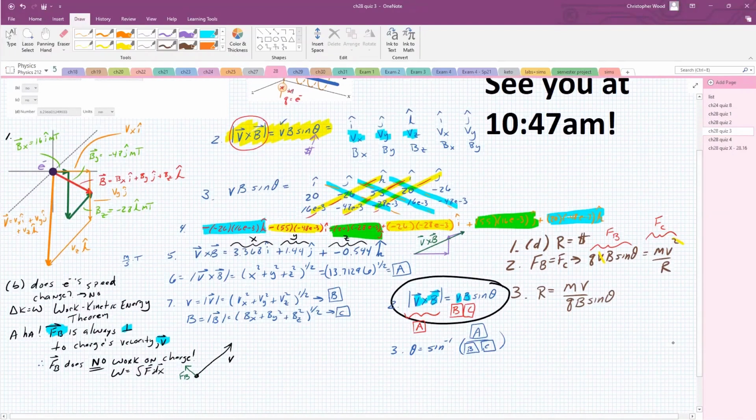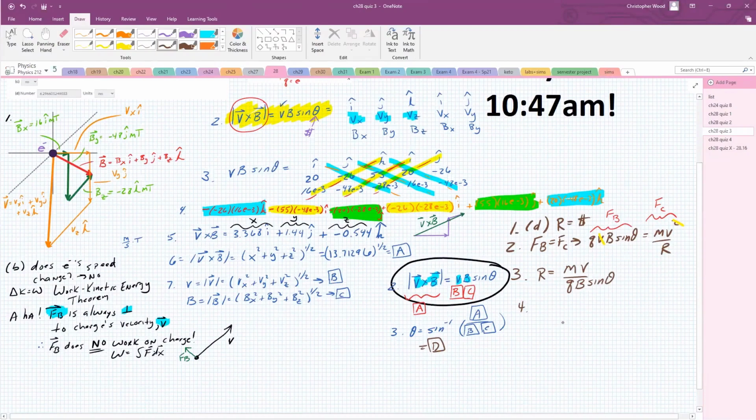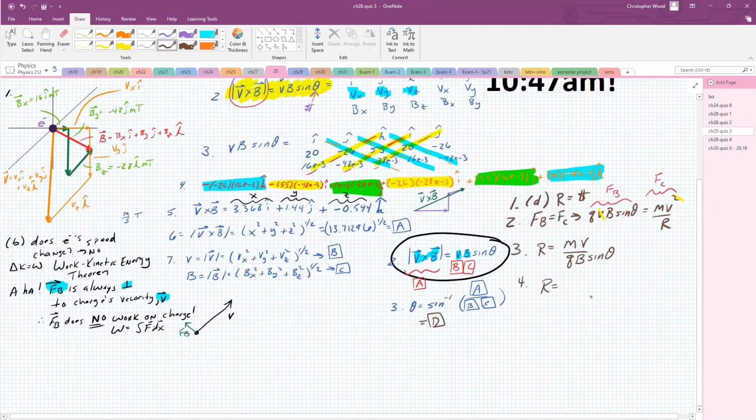All right. And good thing we have a lot of this stuff in calculator memory. In fact, I better put my theta, store alpha D, in memory location D. All right. So number 4, the radius of this circle. R equals, and this is an electron, here's the mass of an electron: 9.11 times 10 to the minus 31st kilograms.